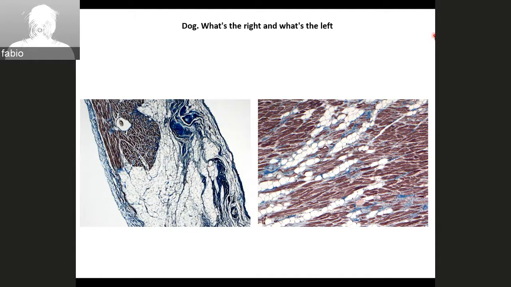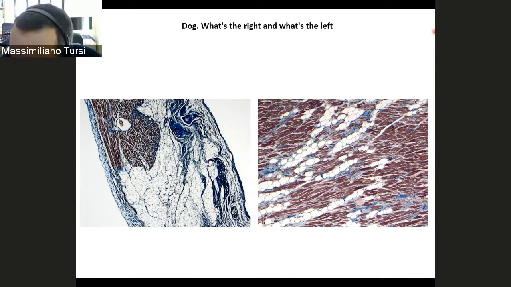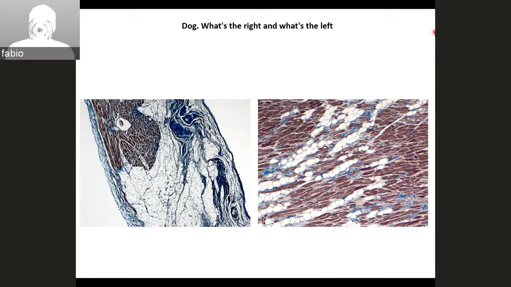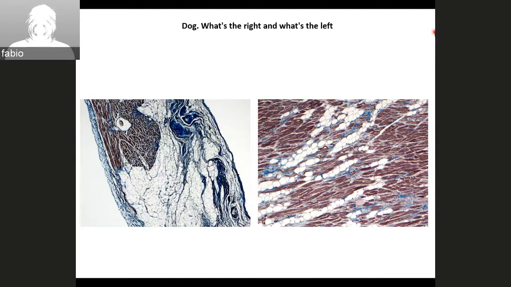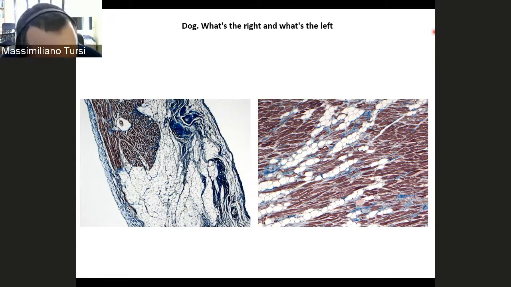In a clinical scenario, histology is possible with the endomyocardial biopsy, which is used in human medicine to investigate the myocardium, from the right side, the septum better. Otherwise, I don't know.